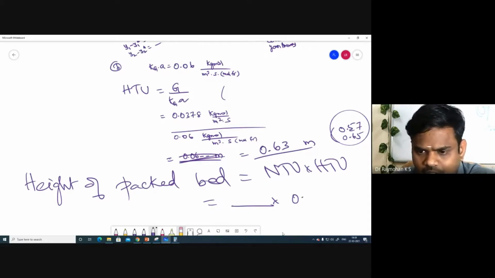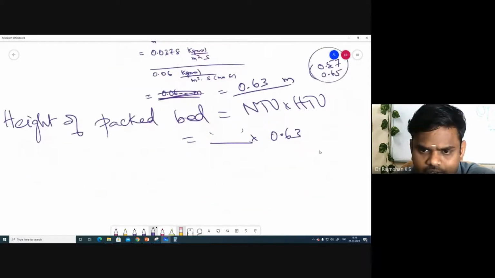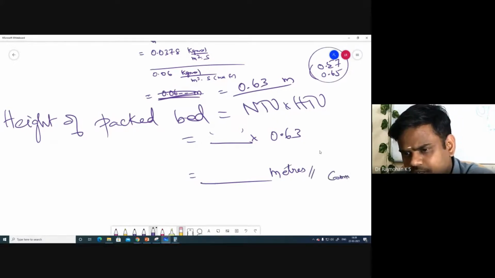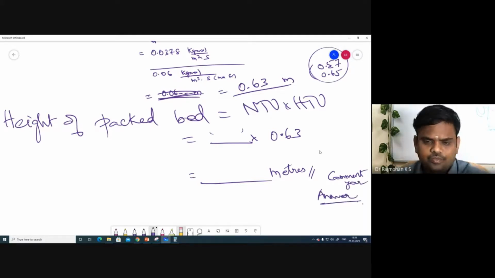So substitute the NTU value whatever you determined, and the height of the packed bed you will get in terms of meters. So that is the calculation. Comment your answer. That's all for this numerical.